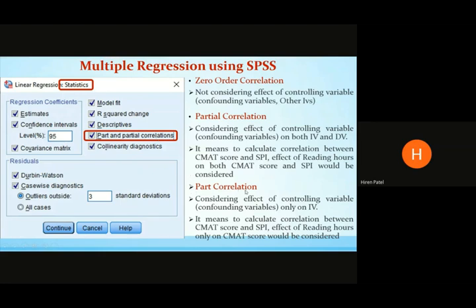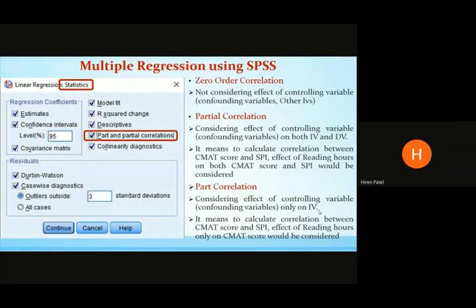Now moving on to part correlation. Part correlation is similar to partial correlation with only one difference. In partial correlation, we calculate values controlling the variable's effect on both IVs and DVs, whereas in part correlation, we assume the effect of the controlling variable only on IVs. Now the question arises, what is the practical implication of this?